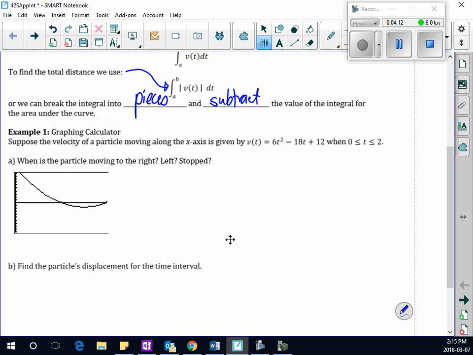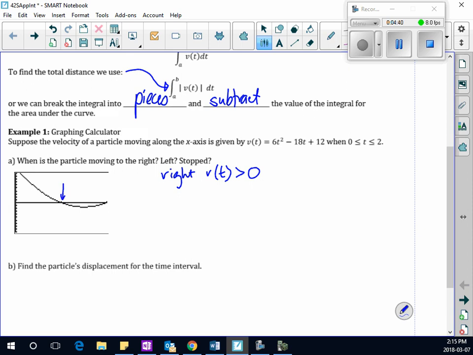So does anybody remember what we are supposed to look for to find when the particle is moving to the right? Yeah, v of t is positive. So we need to figure out where that is.